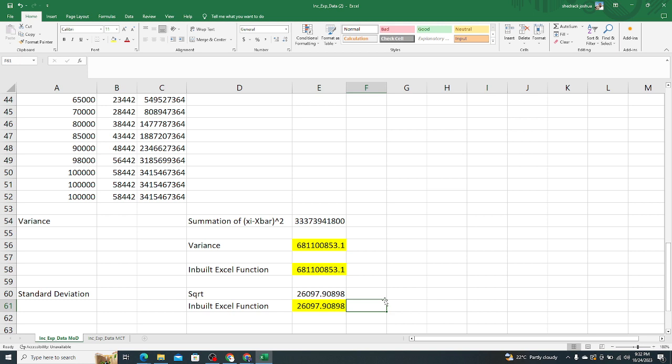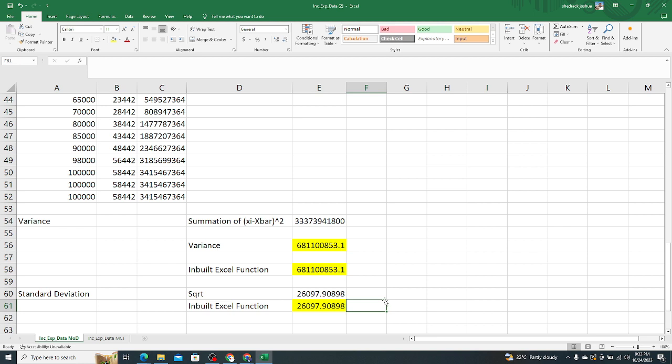What we are trying to say in layman's language is that some individual income amounts are significantly higher or lower than the average income. The individual incomes are significantly lower or higher in comparison to the average income.